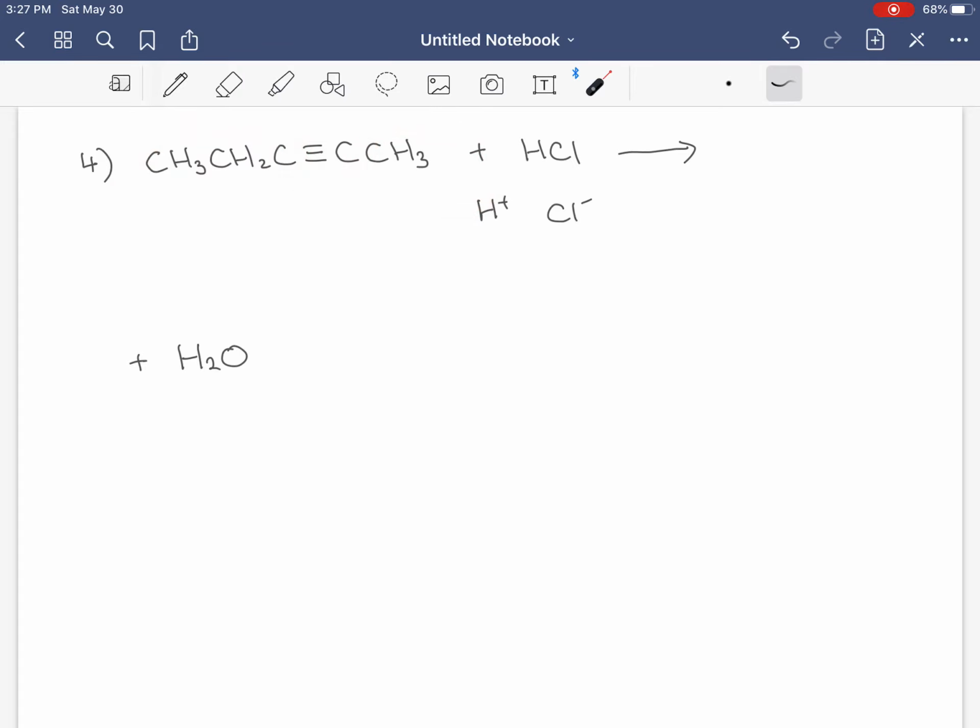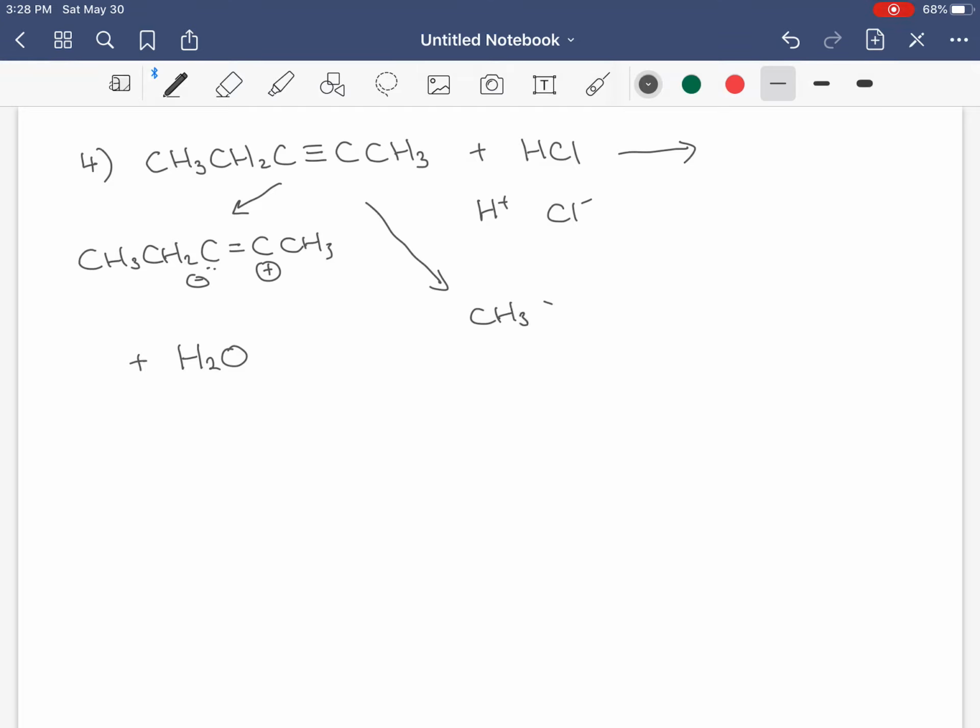Think of it this way. Let's say in this situation, we have this, where this is negative. Okay, and we have this situation where this is negative. Think of this carbon and think of this carbon.